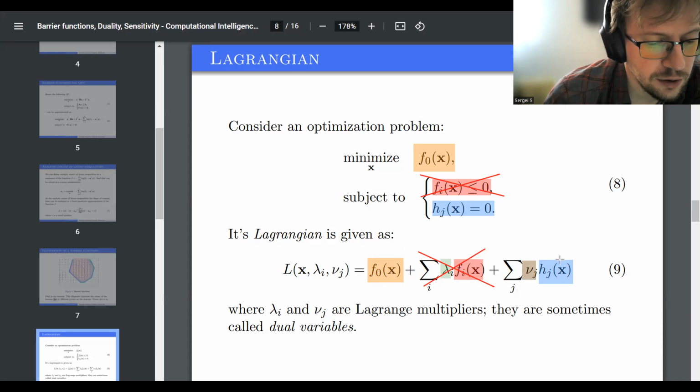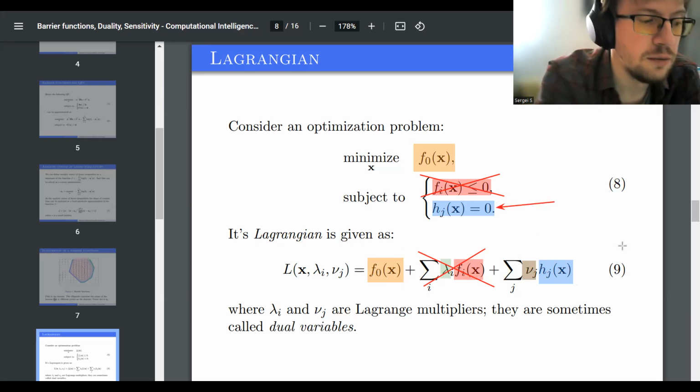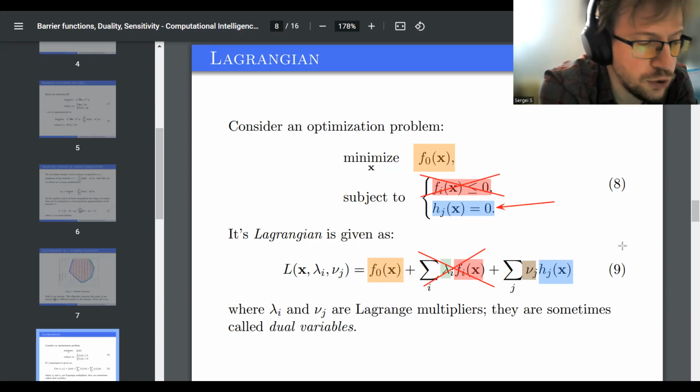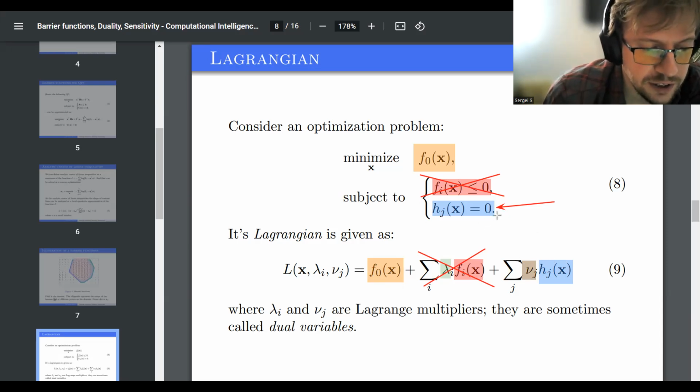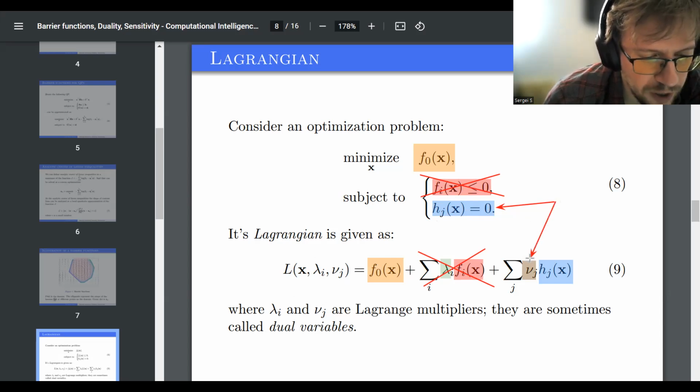And this multiplied by the identity matrix is equal to 0. So we recover this constraint by taking the derivative of the Lagrangian with respect to nu. We recover that this is equal to 0. But if this is equal to 0, then this whole part of the Lagrangian is equal to 0.